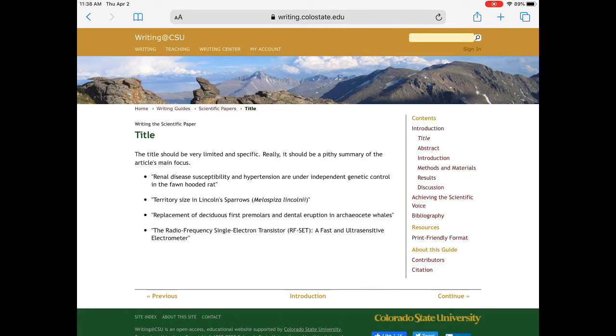If you're doing the seed bank one, it could be observations of the numbers of weeds growing in different soil types. These are not cutesy, these are not, I don't want to say they're not interesting, but basically they're not interesting. What you really are trying to do is give a search engine the ability to discover this article, if that's what you're going to do, is publish it someplace.